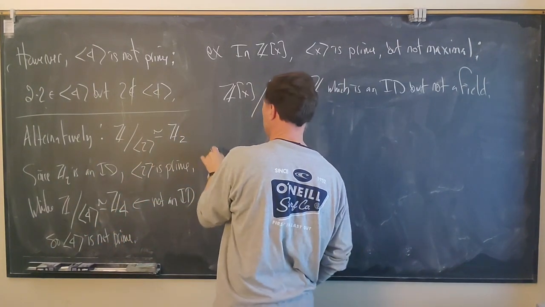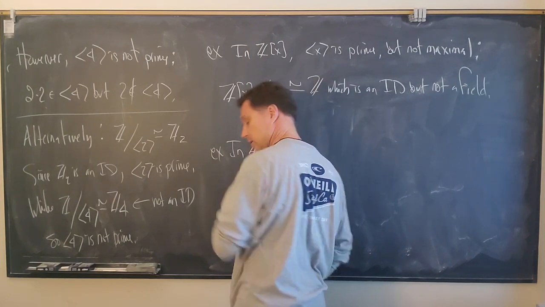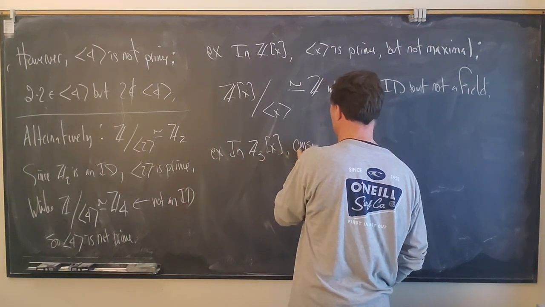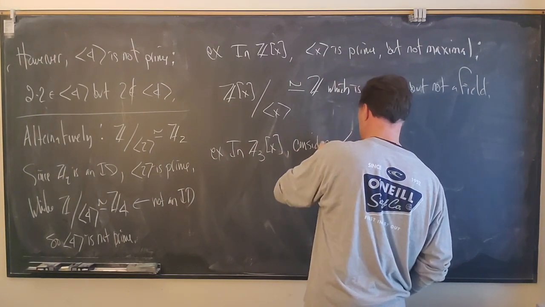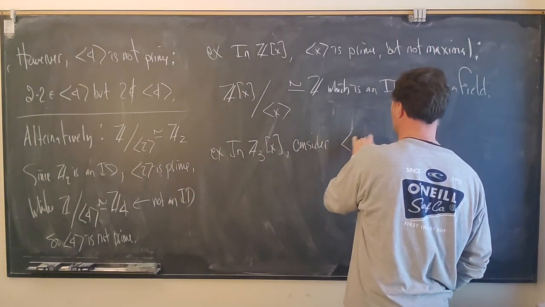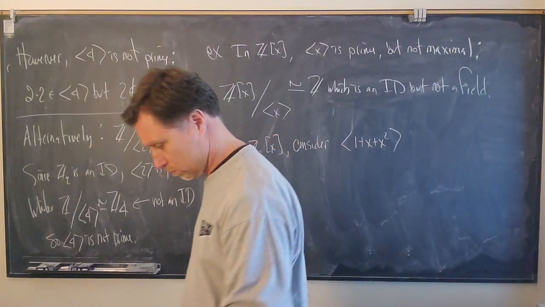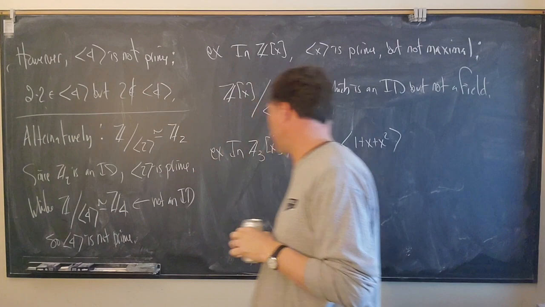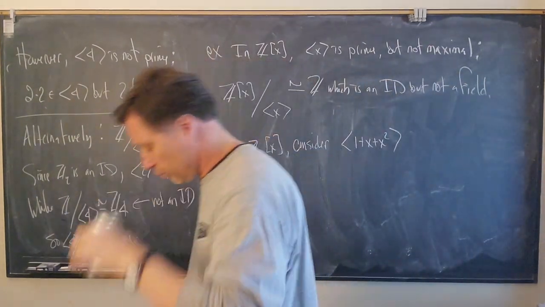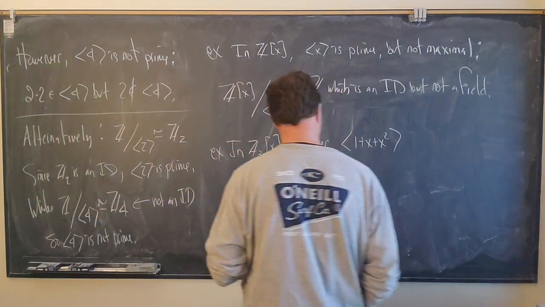Another example. So now let's work in Z3[x]. And let's consider the ideal generated by the polynomial 1 plus x squared. And we can ask the question, is this ideal maximal? Is it prime? Well, okay, so here we go.